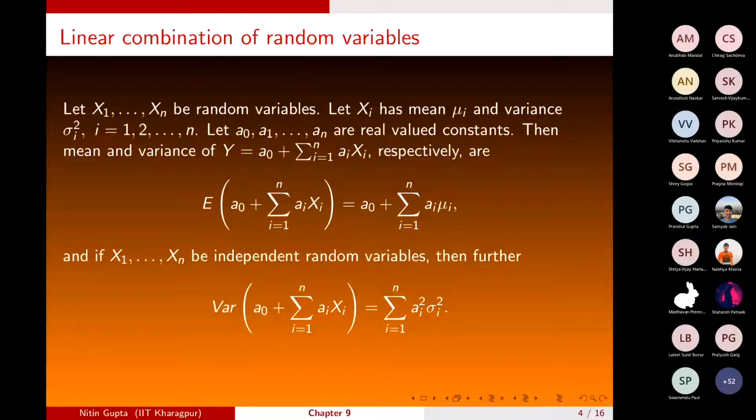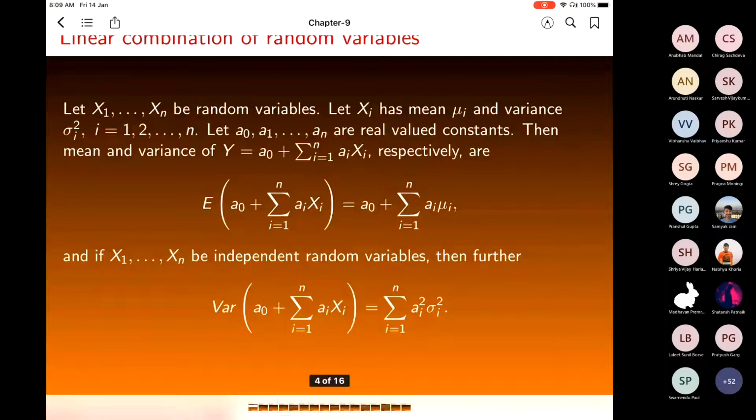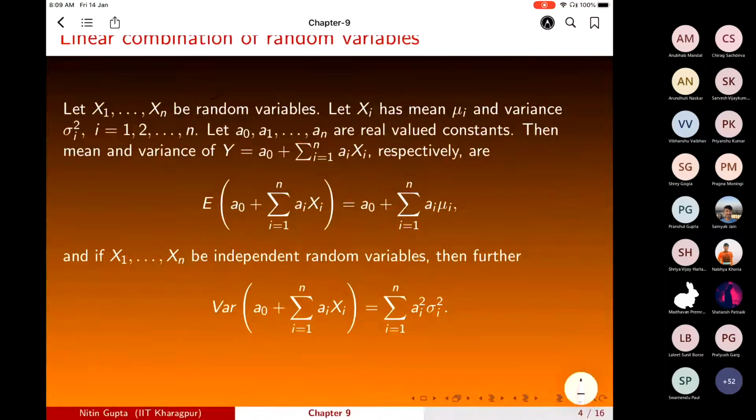Let x1, x2, ..., xn be the random variables. Random variable xi has mean mu_i and variance sigma_i square, and a0, a1, ..., an are real valued constants. Then let us say we define y is equal to a0 plus summation ai xi. That means some linear combination basically.